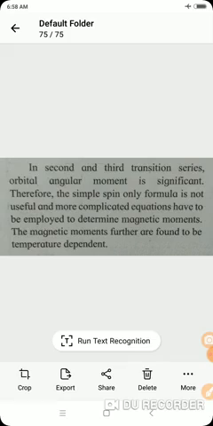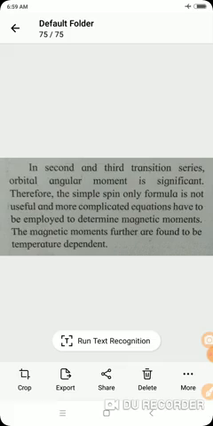But in the second and the third transition series, the orbital angular momentum is significant. We know that in the first transition series the spin angular momentum is significant, but in the second and third transition series, orbital angular momentum is significant.